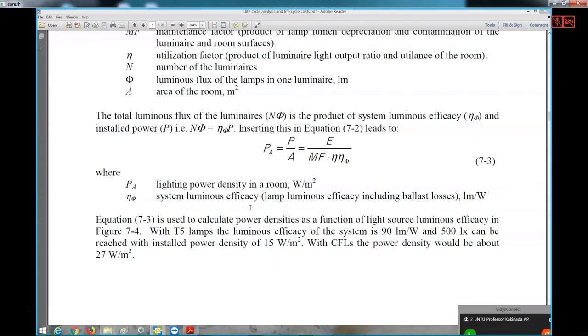It is the system luminous efficacy, the lamp illumination efficacy, which is going to be considered as a balanced losses also, which is expressed in terms of lumens per watt.